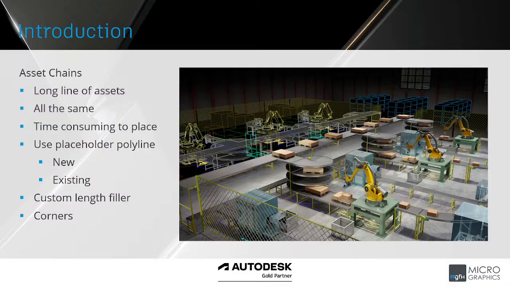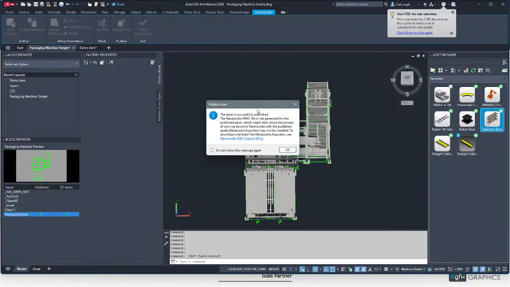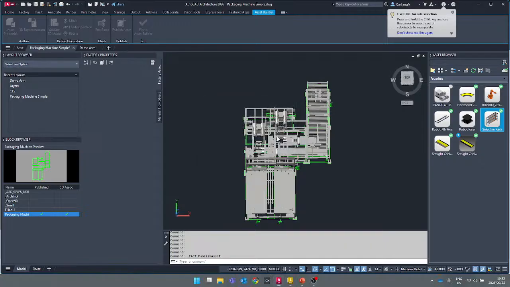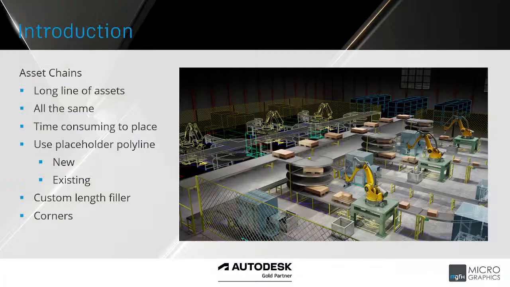What that does is it can tend to be repetitive. Drag and drop, change properties, copy paste. You can spend a lot of time working that way to get, let's say, a long line of conveyor belts set up. And what asset chains do is allow you to quite quickly and easily replace these.